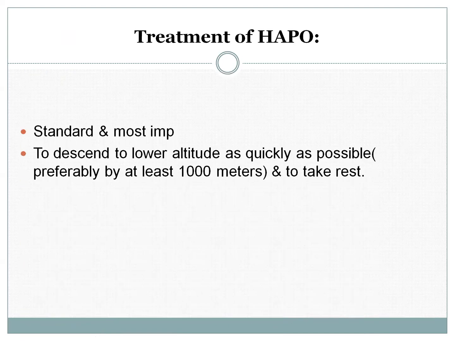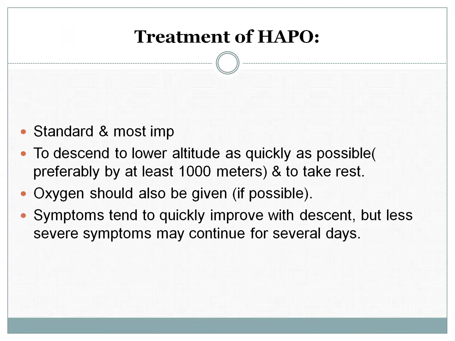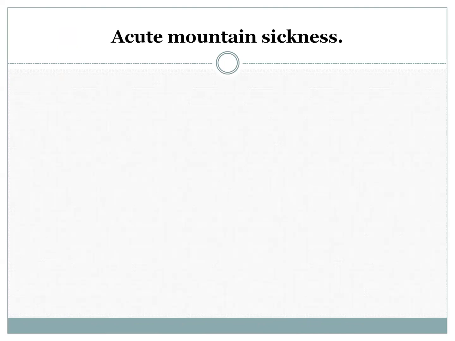The standard and most important is to descend to a lower altitude as quickly as possible, preferably at least 1,000 meters, and to take rest. Oxygen should also be given if possible. Symptoms tend to improve quickly with descent, but less severe symptoms may continue for several days. So you have to immediately shift that person to the lower levels, and if possible, give oxygen.